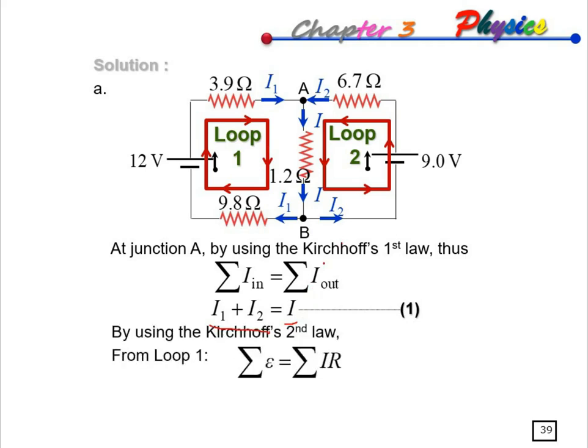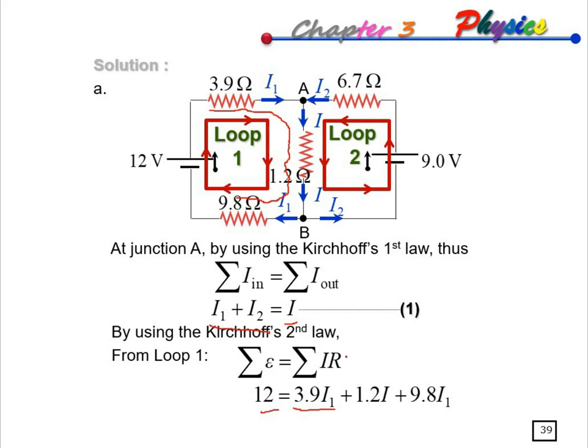And then we use the second law of Kirchhoff. For loop number 1, the summation of EMF equals the summation of the product of IR. We have the equation here: 12 equals 3.9 I1 plus 1.2 I, followed by 9.8 I1.